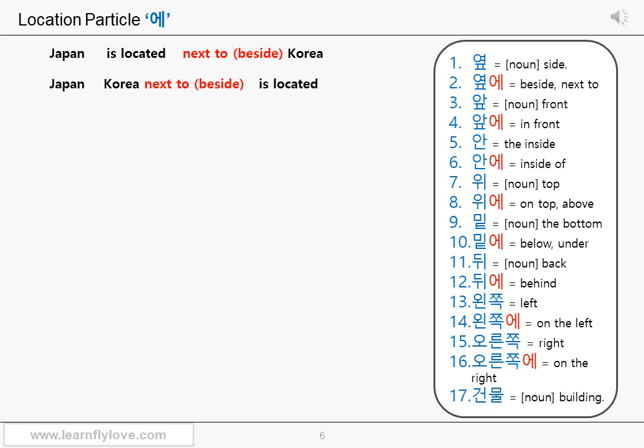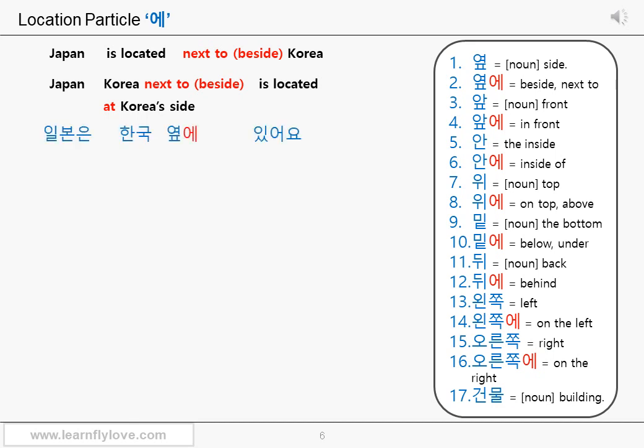In English, you say next to Korea, but in Korean, it's gonna be more like Korea next to. Korea comes first. The reason is because it's actually more like at Korea's side in Korean. You need to use the noun 옆, which means aside, and the particle 에 together to mean next to or beside.